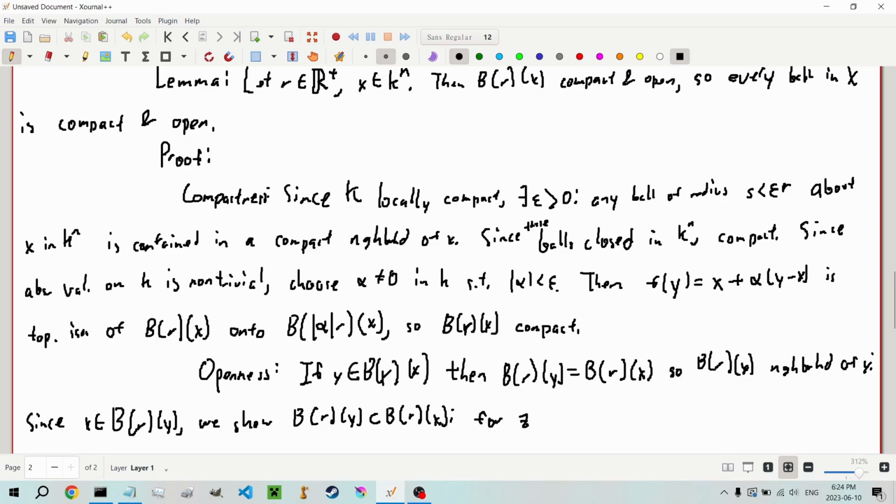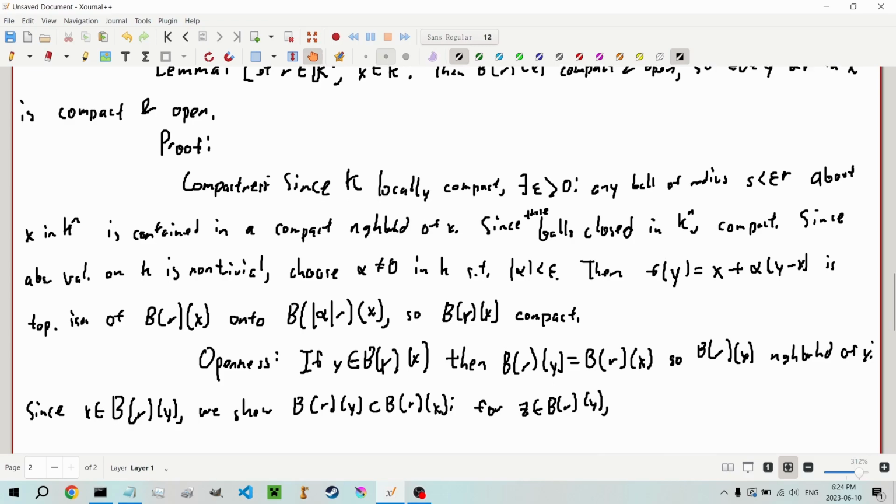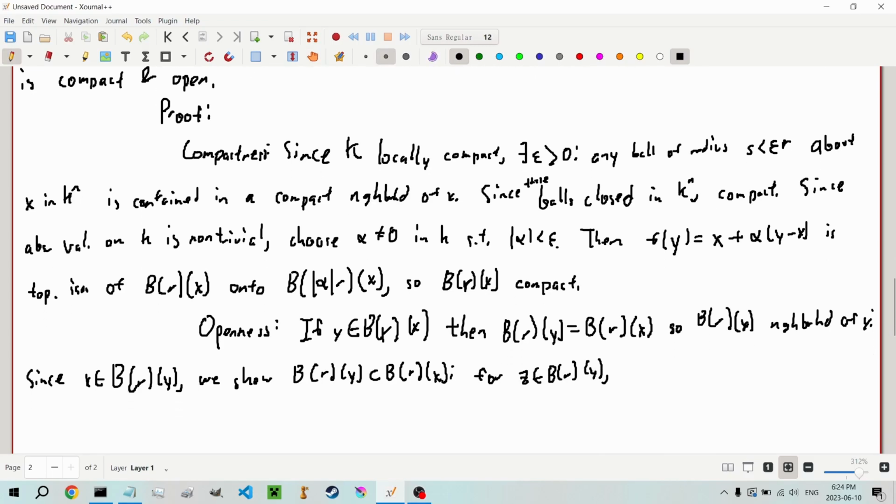So then for z in the ball of radius r about y, the distance between z and x is, by our ultrametric inequality, at most the maximum of the distance between z and y and the distance between y and x, which is less than or equal to r, since z is in the ball around y and y is in the ball around x.